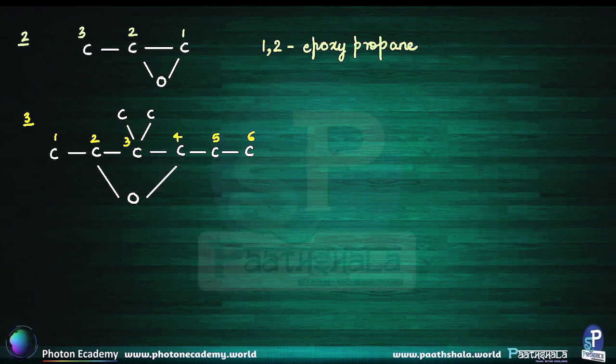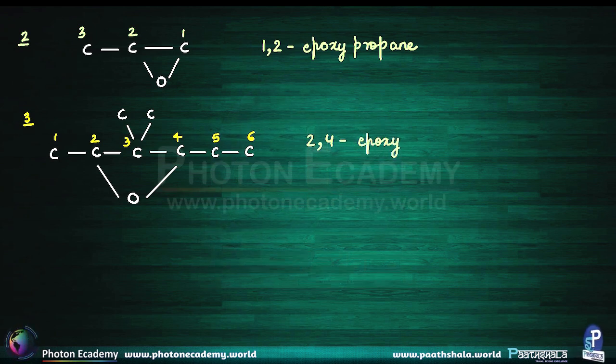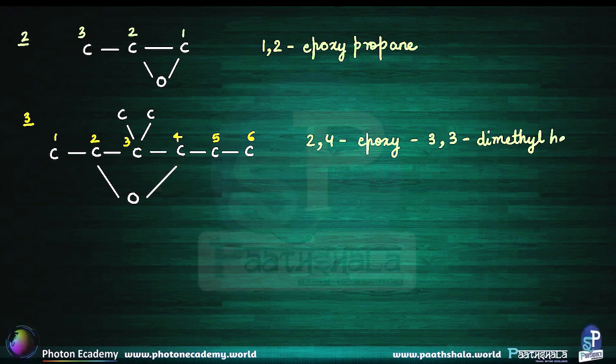So the name of this compound here becomes, we have at 2 and 4 the epoxy group, so we call it 2,4-epoxy, and then at 3 we have the methyl group, so 3,3-dimethyl, and 6-member carbon chain, so we call it hexane. So this is how we name our functional group: 2,4-epoxy, 3,3-dimethyl, and then hexane. All right.